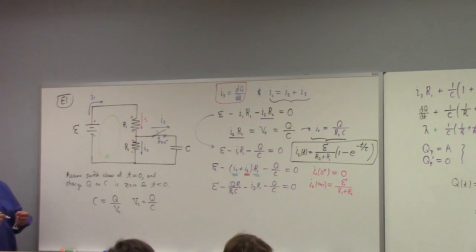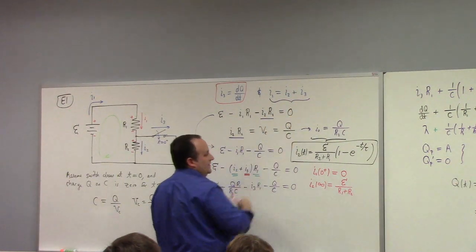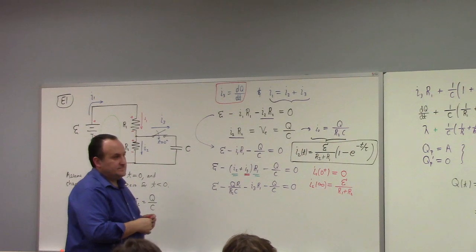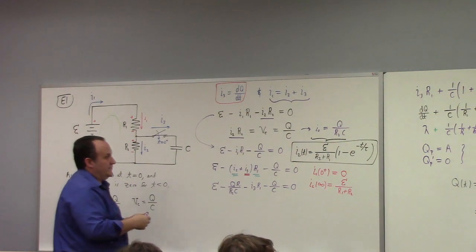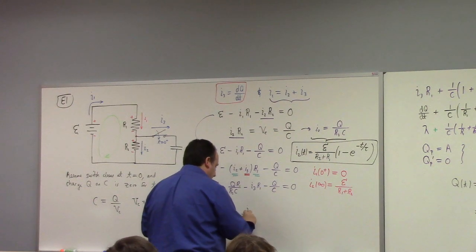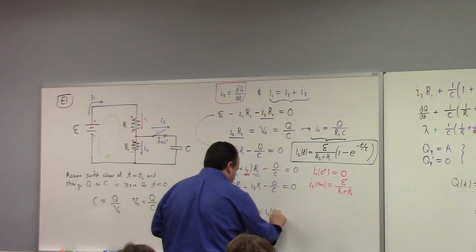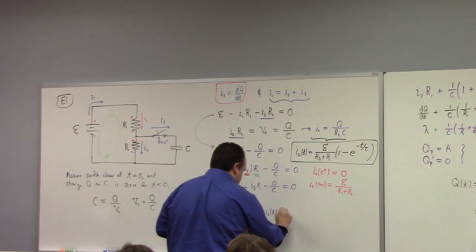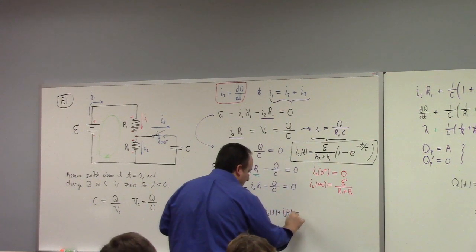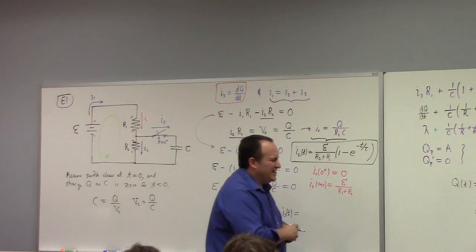So that checks, right? And then how would I find I1? I just add these two guys, right? And what is I1? That might be kind of amusing. So I1 of t is I2 of t plus I3 of t. How's that work out? Is it anything pretty?